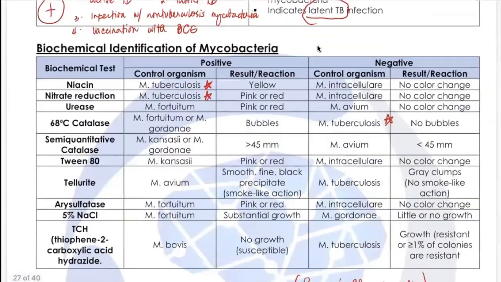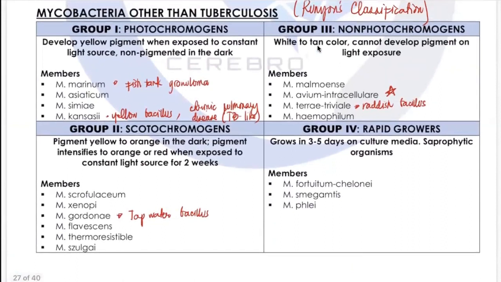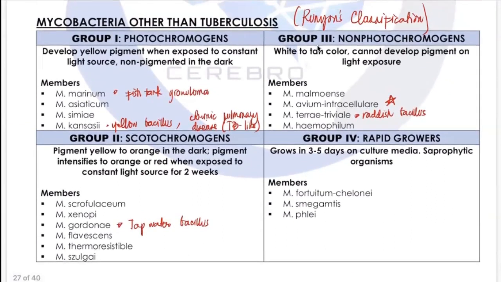And we now go to the last group. We have the rapid growers. So here, guys, we have Fortuitum and Chelonae. If there is something we will remember about the two, this is the only group of organisms that is positive for the aryl sulfatase test. So they are positive for the aryl sulfatase test.